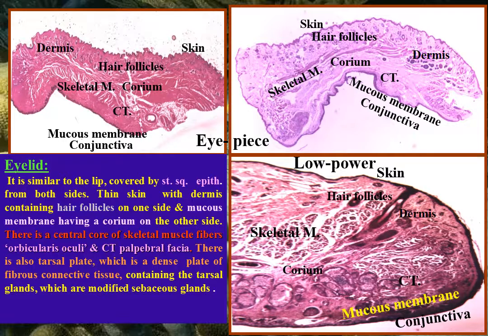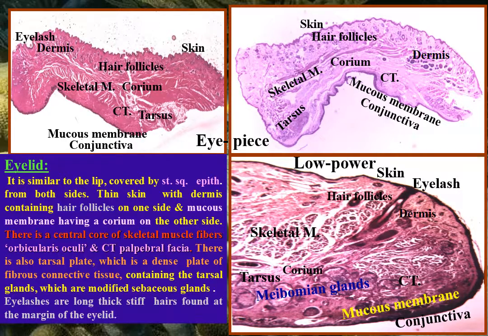There is also tarsal plate, which is a dense plate of fibrous connective tissue containing the tarsal glands, which are modified sebaceous glands. Eyelashes are long, stiff hairs found at the margin of the eyelids.